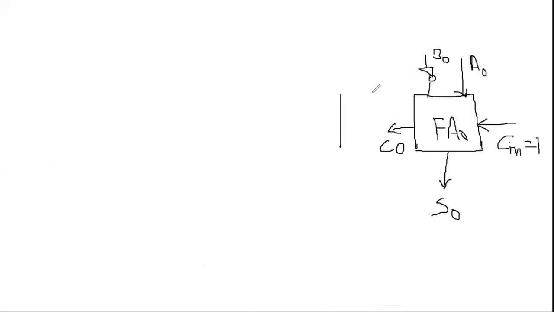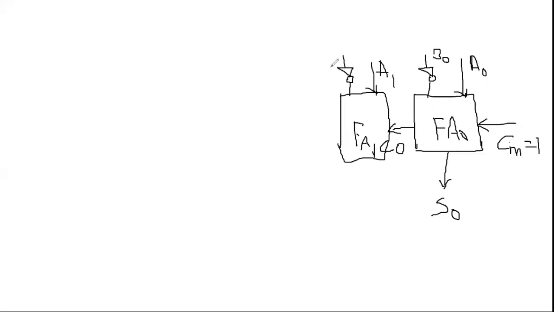Similarly, I am taking another full adder, named full adder 1, taking the next bit of A, that is A1, and the next bit of B with its complement value.